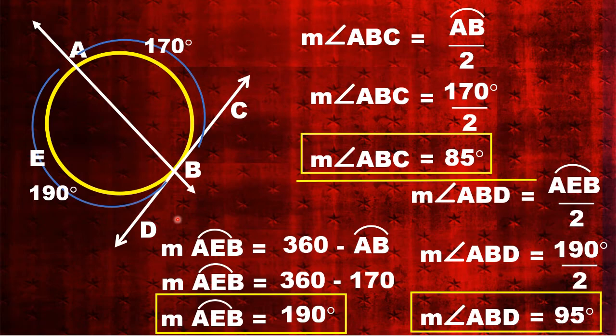So, kapag chinek nyo, dapat itong 95 tsaka yung 85, pag pinag-add nyo, since linear pair sila, dapat 180 ang sukat. Ayan. So, 85 plus 95 is 180 degrees. Actually, ang shortcut nga nun, kung nakuha mo na tong 85, makukuha mo na tong angle ABD by just simply subtracting 180 minus 85, which is 95 degrees.